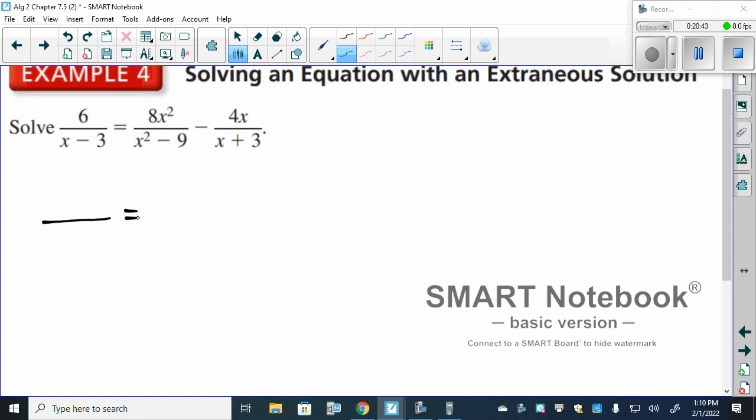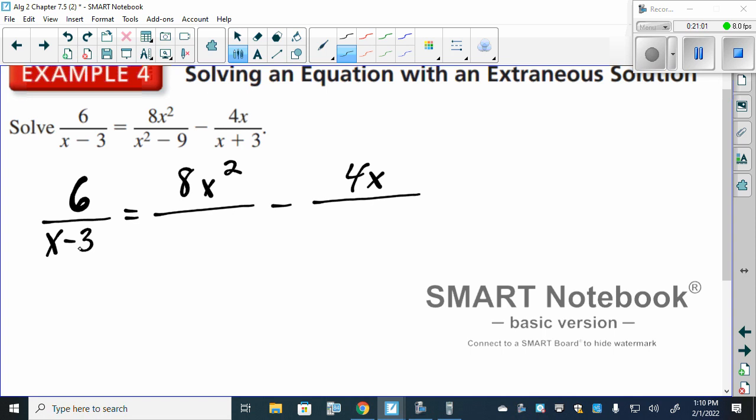So we will still need to factor the denominator, so especially the middle one, the x squared minus 9, will need to be factored. Now the x minus 3 is fine, and the x plus 3 is fine, but we do need to factor the x squared minus 9.